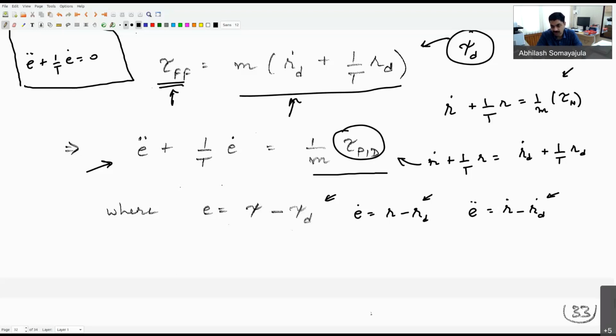Correct? Now we know that tau PID itself is actually depending back on error again. It's like a closed loop thing, right? I have the plant dynamics coming in, and then I have basically the controller.